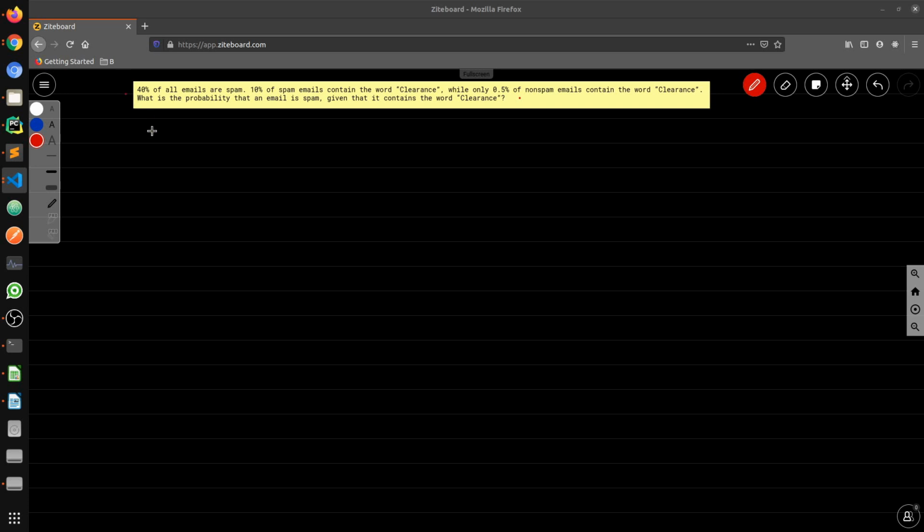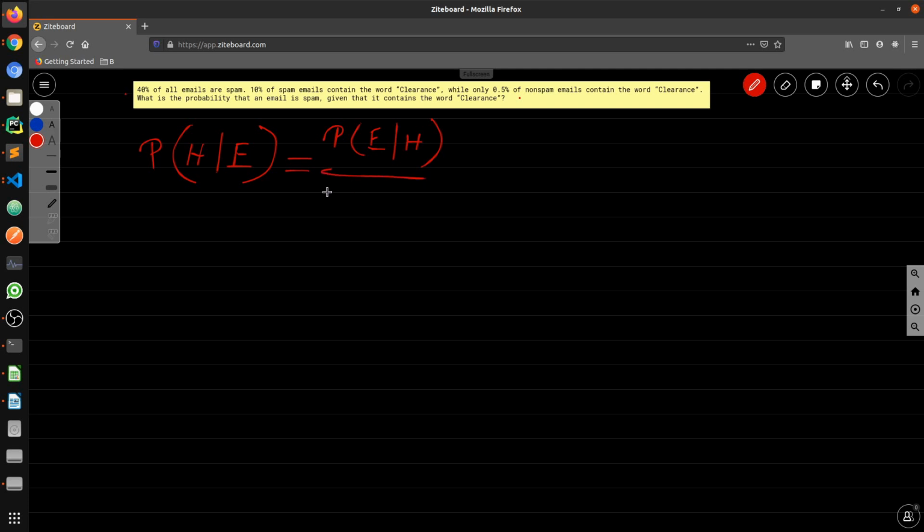Our probability of hypothesis is P(H), and what we need to find through Bayes theorem is P(H given E). That will be equal to P(E given H) divided by the total probability of the evidence, and this whole thing will be multiplied by the probability of the hypothesis.